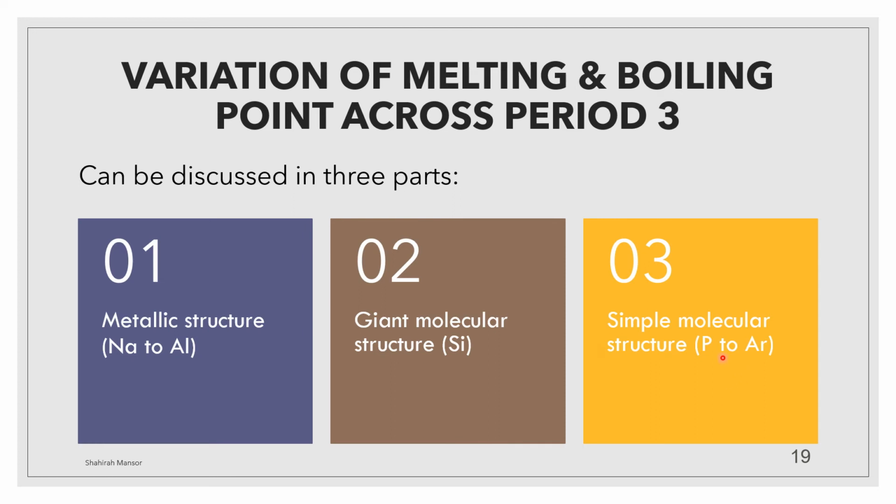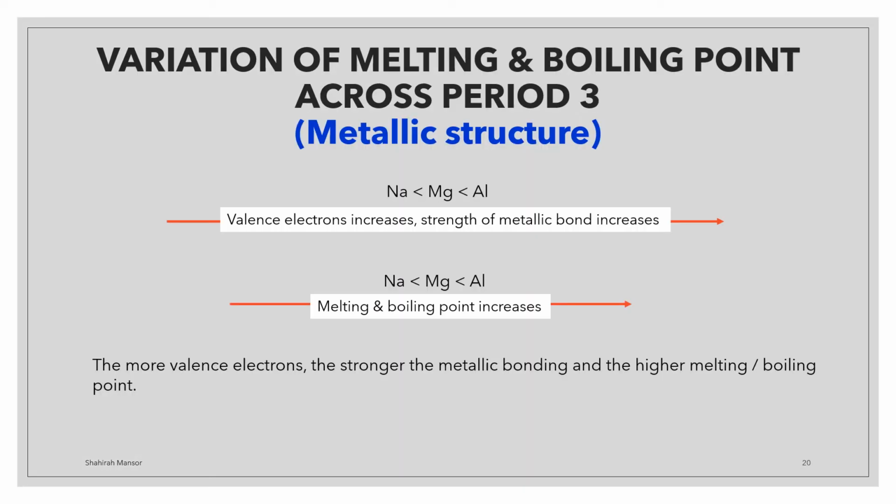Dan to discuss untuk non-metal, we will use simple molecular structure. So, 3 pembahagian ini akan digunakan untuk nak menerangkan tentang variation of melting dan boiling point across period 3. Okay, the first section adalah metallic structure, iaitu to discuss the variation di antara sodium, magnesium and aluminium.